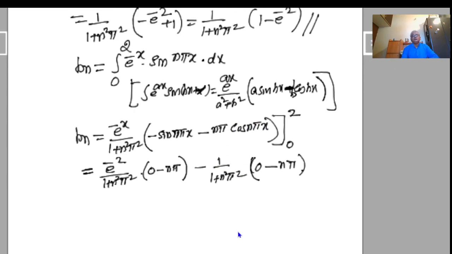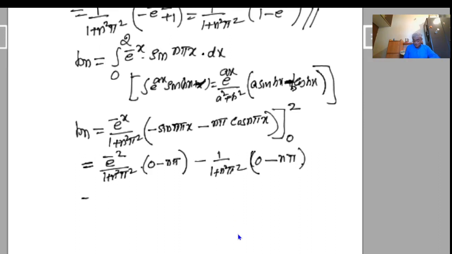So this is equal to, I will take this as one term and this as another term. In the numerator we have nπ as a common factor, and in the denominator 1 plus n squared π squared as a common factor. What remains in the first term?